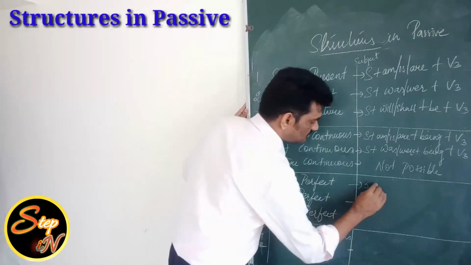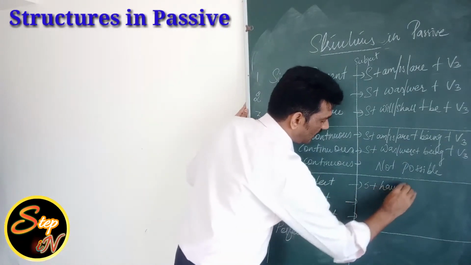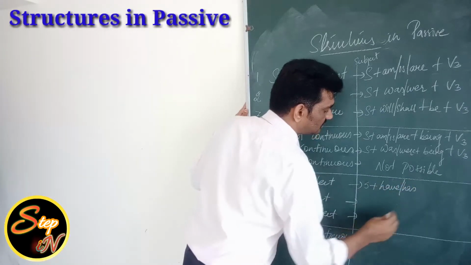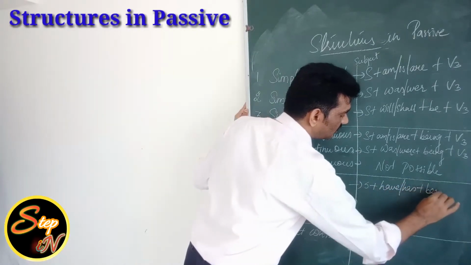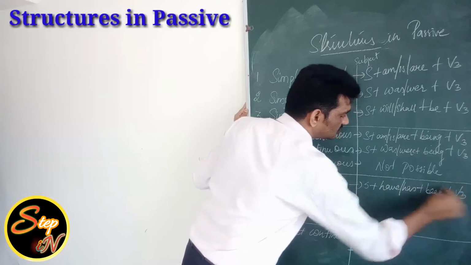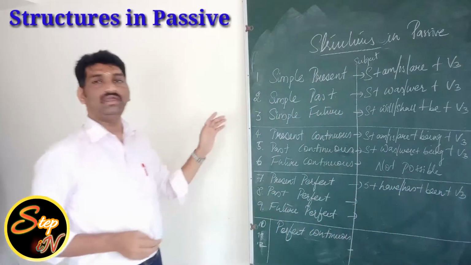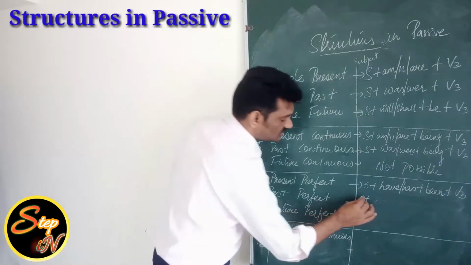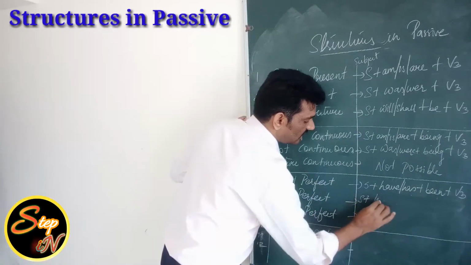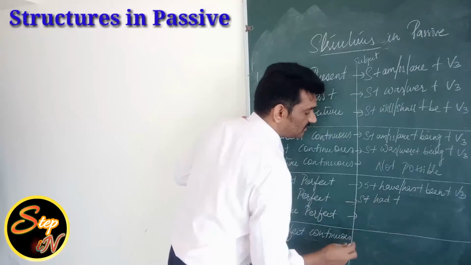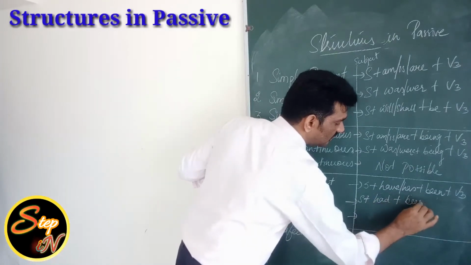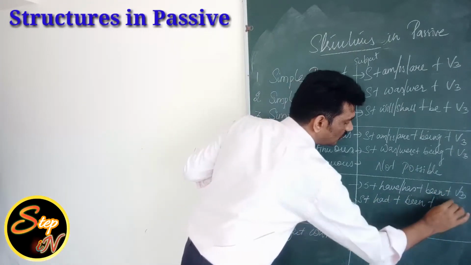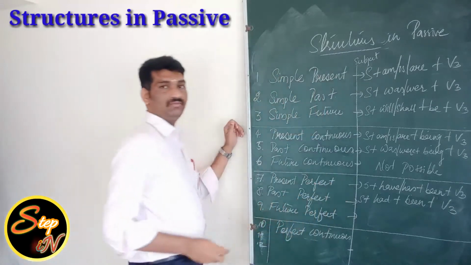So we can see here subject plus have or has to indicate it is perfect, plus been to mention it is in passive structure, followed again by verb 3. And now for past perfect, again the same, subject plus had to indicate it is in perfect tense, plus been to mention it is in passive voice, then verb 3.